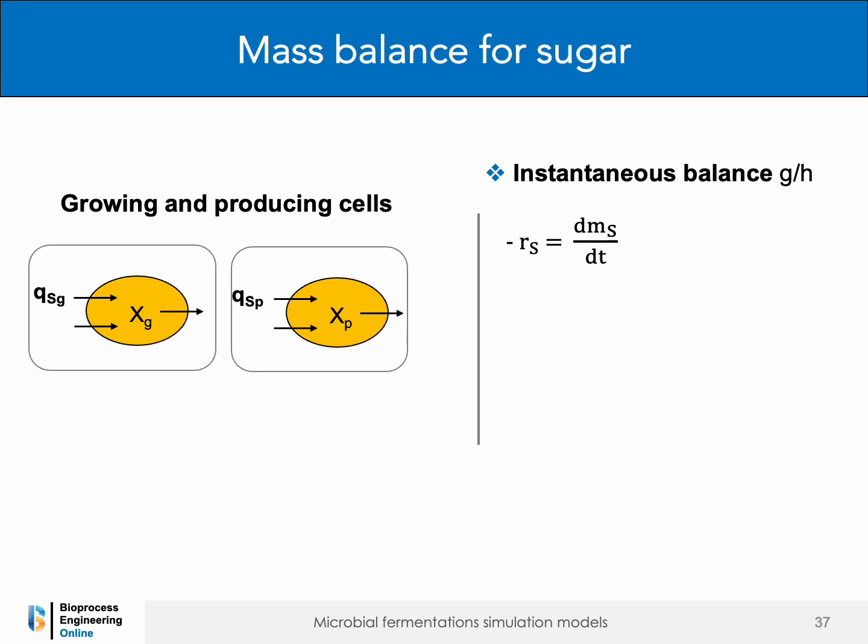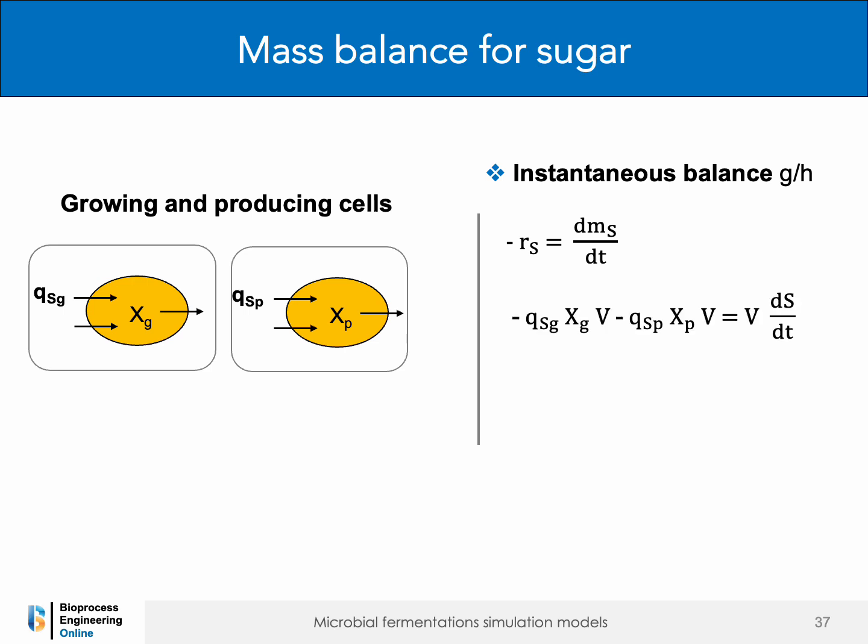For the consumed sugar, the instantaneous balance in gram sugar per hour is minus R_s equals dm_s over dt. R_s is the sugar consumption rate in the fermenter, and m_s the sugar mass. Sugar is consumed by both the growing and producing cells.